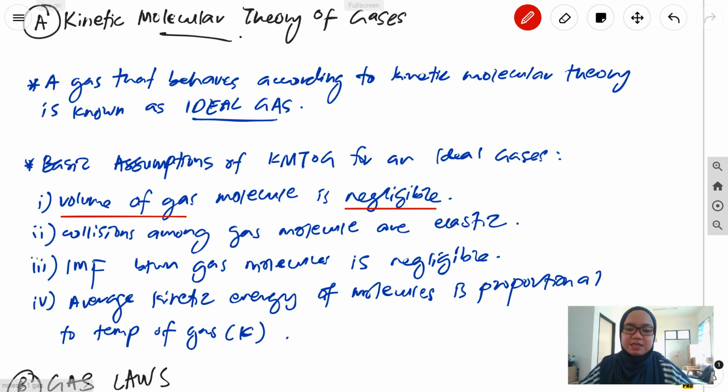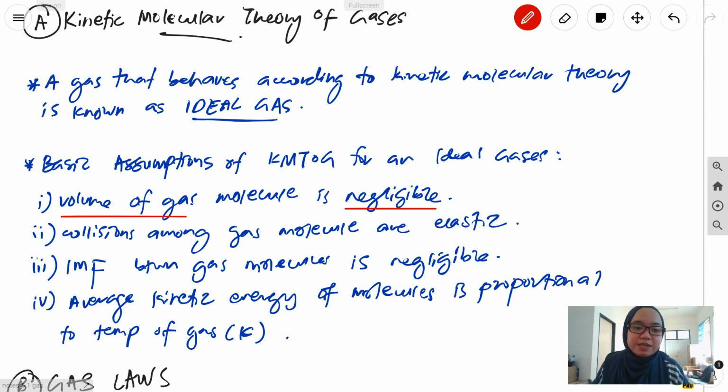It has a great distance, and there is a lot of empty space in between them. Since that is the case, we assume that the volume of gas is rather negligible. It's not really significant in this case.